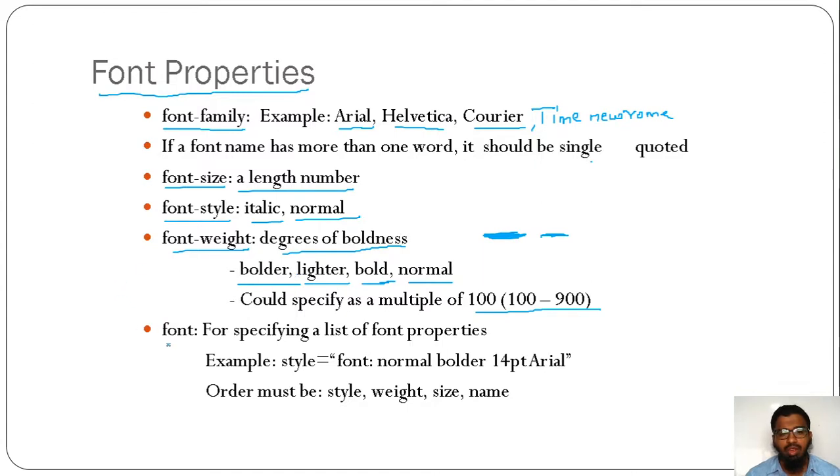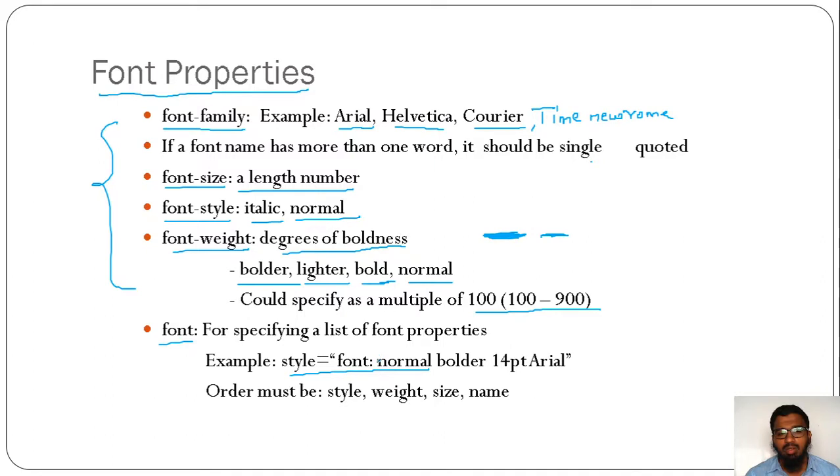So in the font, for a specific list of font properties, these are some of the properties of font. We will do practical also, but today I am just showing the theoretical part. For a specific list of font properties, for example, style equals, what style do you want to give in the CSS?